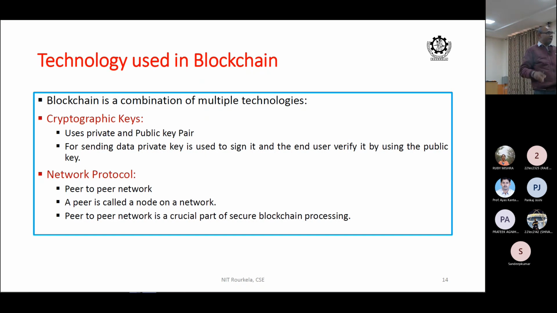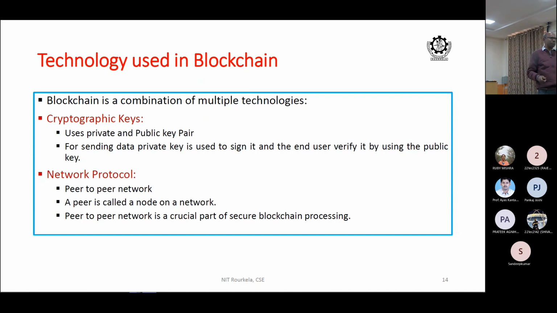So here, every user or every entity in the chain has a private key and a public key. Whenever he sends, he puts his own signature, that means he signs the data using his private key. Now, look, there is an intruder sitting in between. So what can the intruder do?